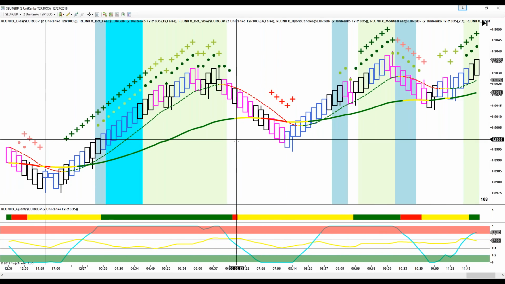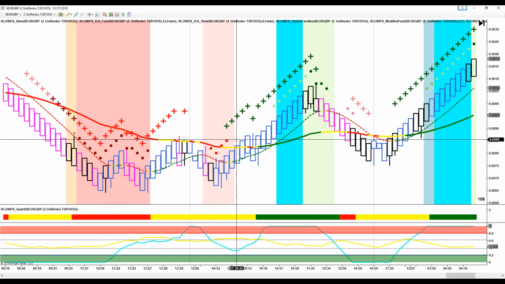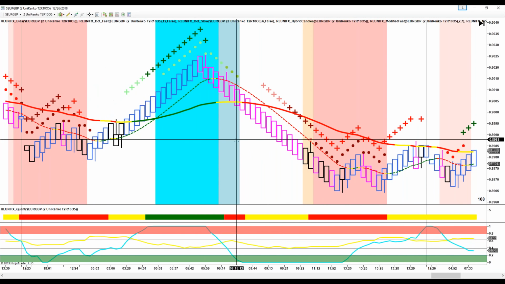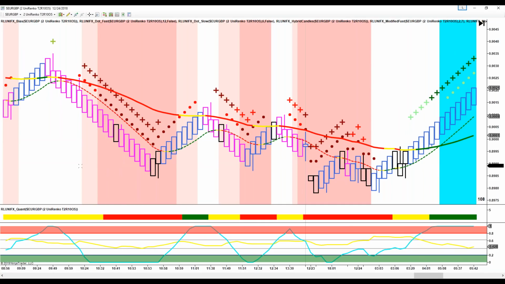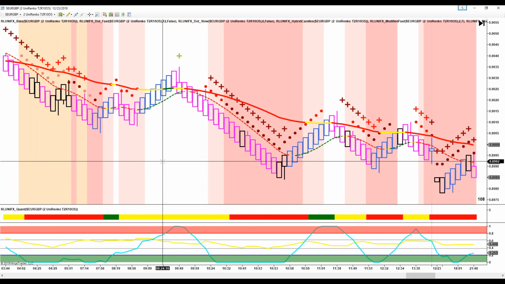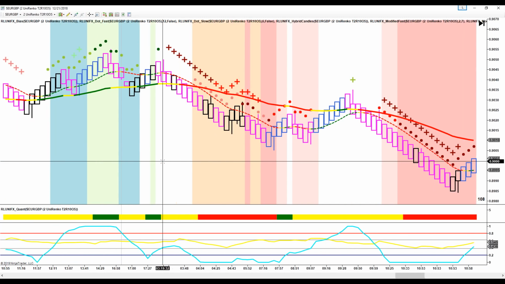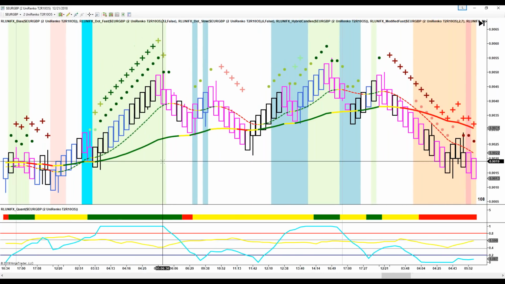And you can see it sets up exactly the same way. This one's a little choppier. Here's where you can take a short trade. You just need an entry. You have the oscillator locked short. I don't really see any great entry here yet.